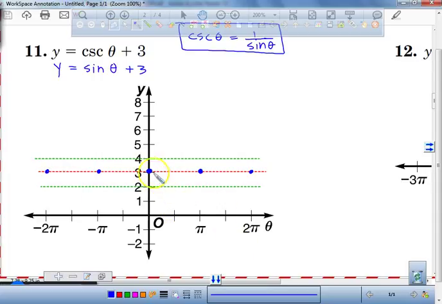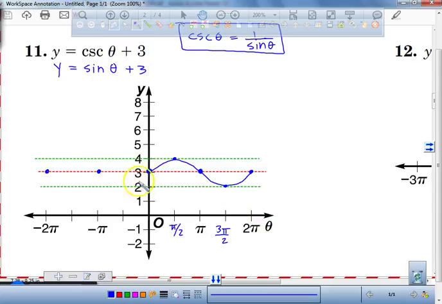Now, this sine graph is going to go up, and at pi over 2 it's going to get to its highest point. Then at 3 pi over 2, it's going to get to its lowest point. So now I'm going to make my little sketch: up, down, and back up.